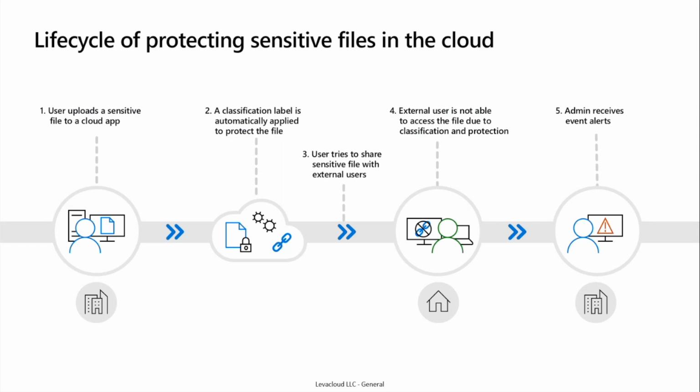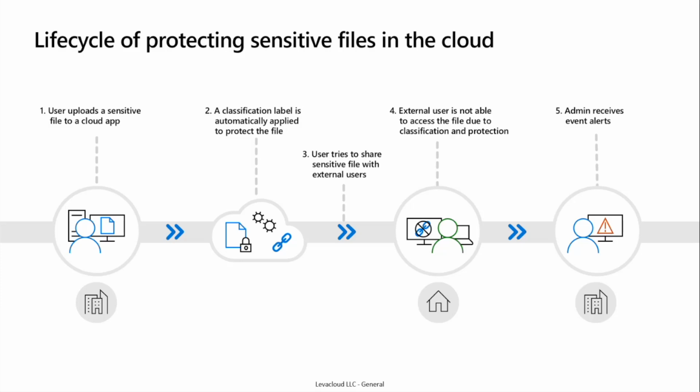And here's just a little view of the life cycle of sensitive data in the cloud when we're protecting it with these capabilities. So you can imagine the user uploads a sensitive file to a cloud app. We have it set up so that automatically it's classified with something to protect the file. Maybe it's highly confidential because it's got 23 account numbers in it, and we want it to automatically encrypt.